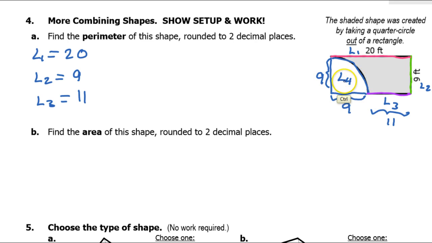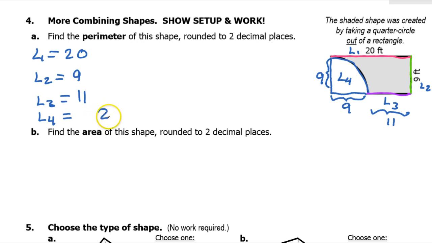Okay, so that just leaves length 4 that we need to find. So let's see, length 4, since we're talking about length, this is one portion of the circumference of a circle. The circumference is like the perimeter of a circle. So the circumference formula is 2 pi r.